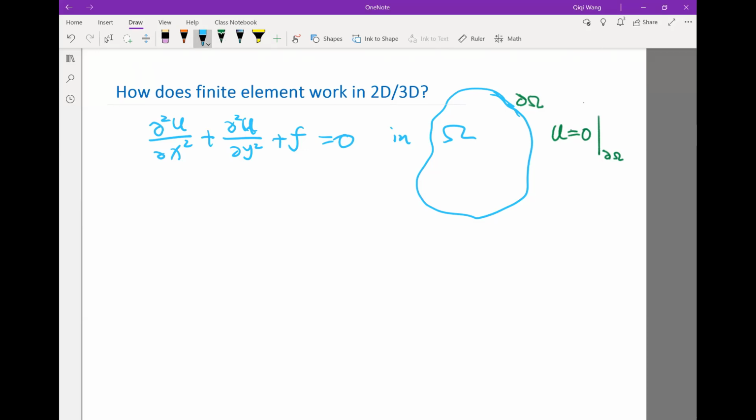So if we have this equation, we have to multiply this equation with a test function v to get this into a weak form. So once we multiply this equation, we get something like this. If this equation holds true for any x, then when we multiply this equation with any function v of x, it is still true, right? Still equal to 0. And then if we integrate the whole thing over omega, it should still be 0.